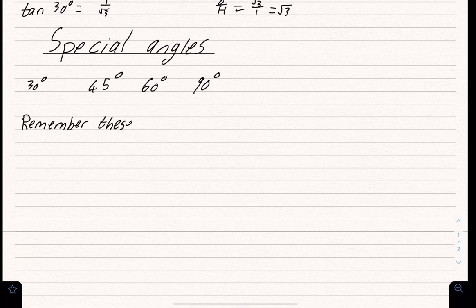Now, a very easy way to remember these angles is to remember the following triangles. Oh, and 0 degrees is another special angle. I'm sorry. The following triangles will be really helpful for you to remember the special angles.